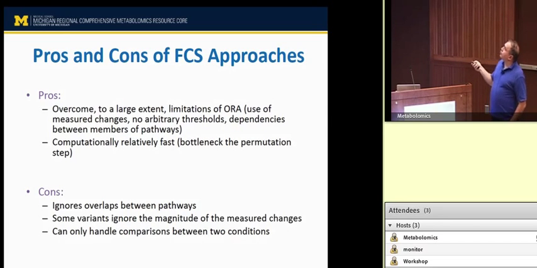Again, it ignores overlaps between the pathways, but we have discussed this issue before. Overlaps between pathways induce positive dependence, and therefore when you do the adjustment for all the pathways that you have tested, you just need to be a bit more sophisticated in how you control the p-values from your multiple comparisons. Some variants ignore the magnitude of the measured changes, others do not. So again, there are lots of choices in the literature.